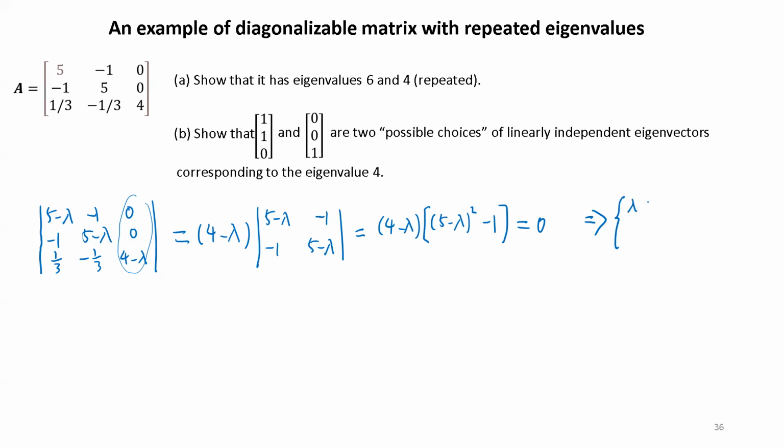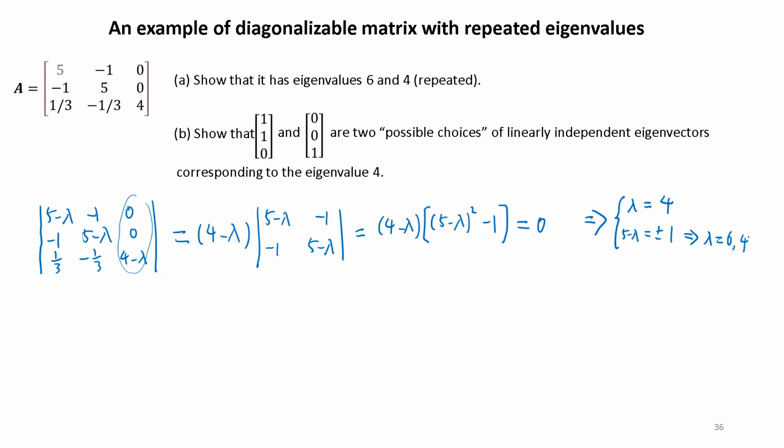Then what I have is lambda equals 4 or 5 minus lambda equals plus or minus 1. Then this also gives lambda equals 6 or 4.